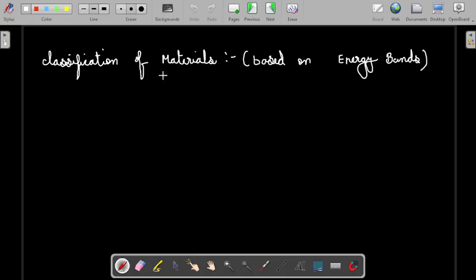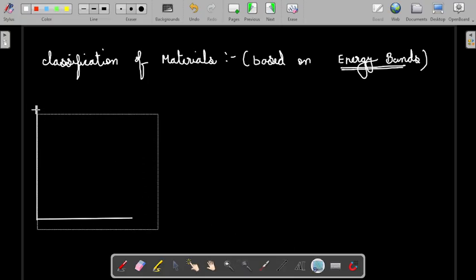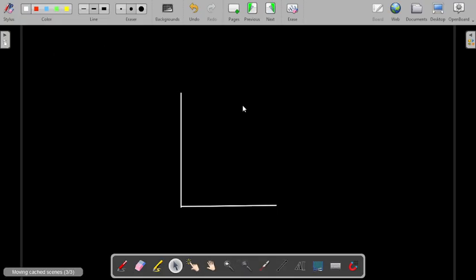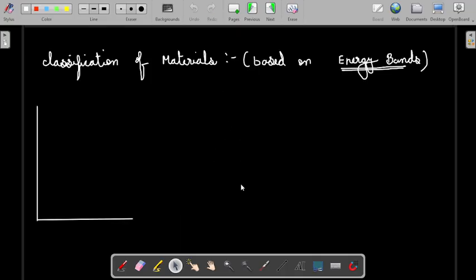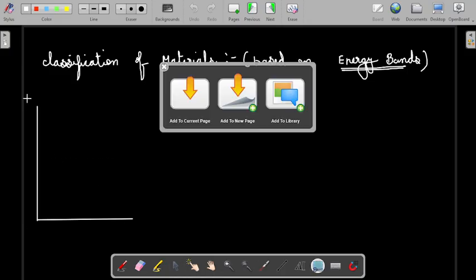So we know how the material's mass, charge, and other properties, and how the energy bands are formed. Now, based on the concept that we have learned, how the materials are classified. So for this instance, let's draw an energy band diagram. So we are going to classify the materials.